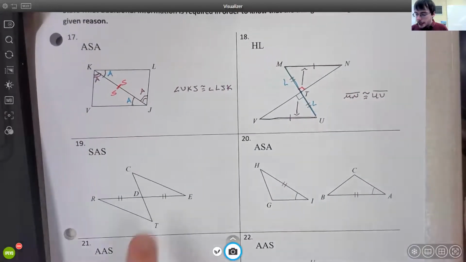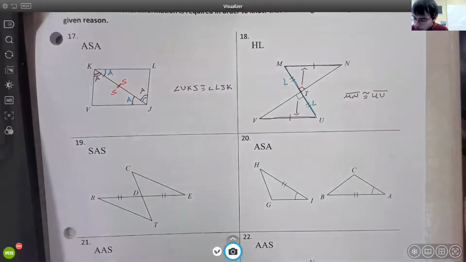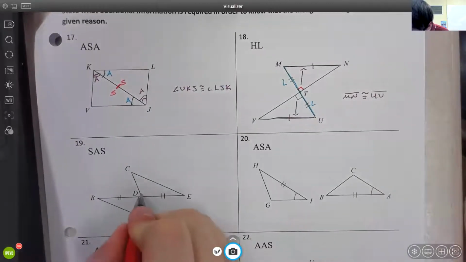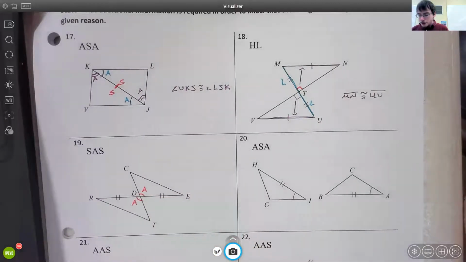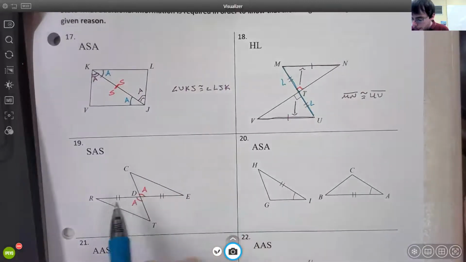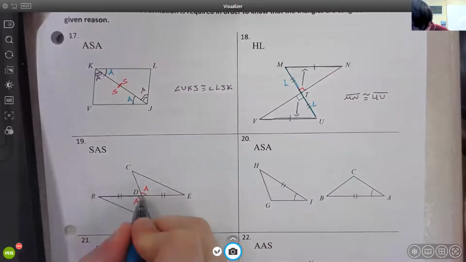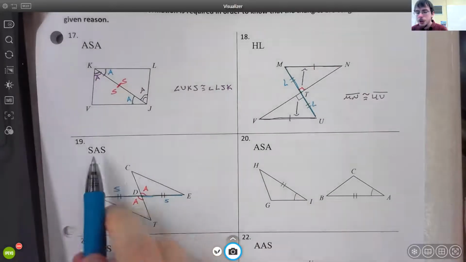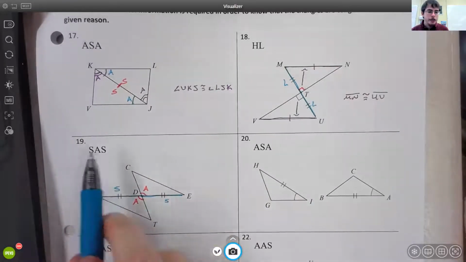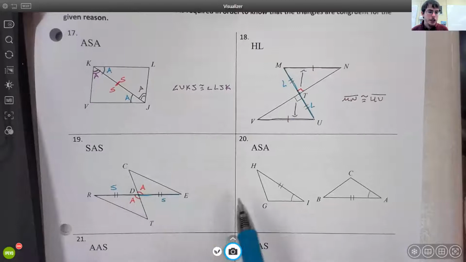Next up, number 19, side angle side. We have a pair of vertical angles here. Then we have a pair of congruent sides here. And it wants us to do it by side angle side. We have the pair of angles already taken care of.